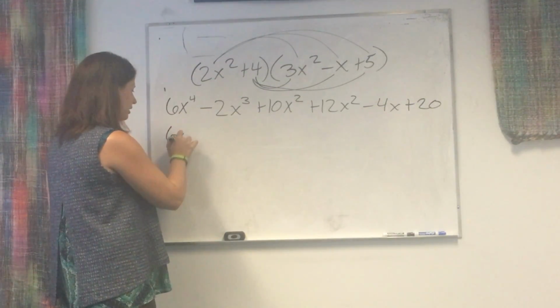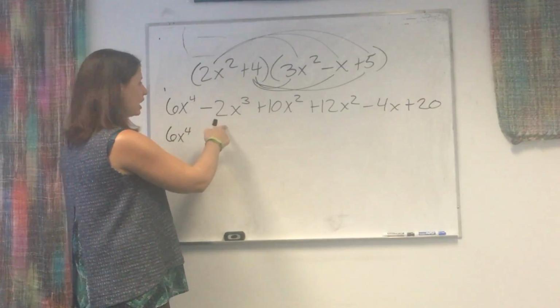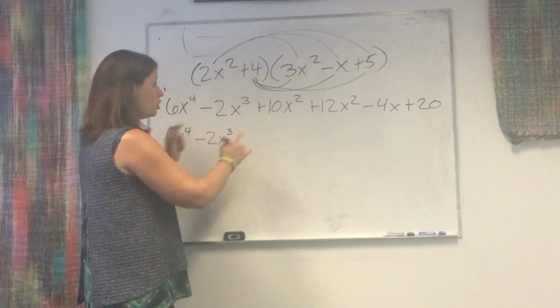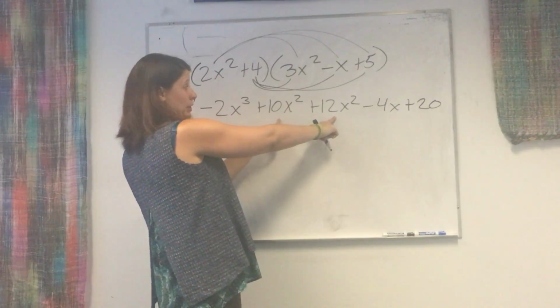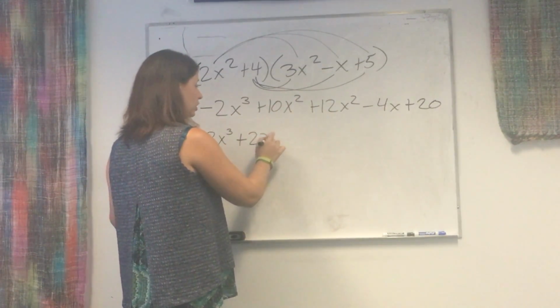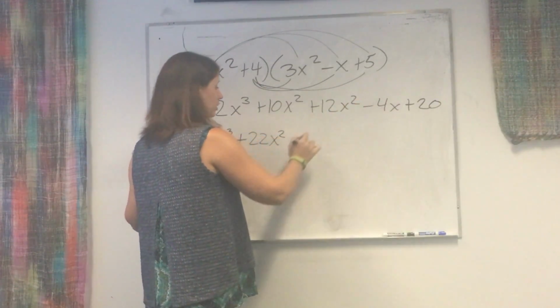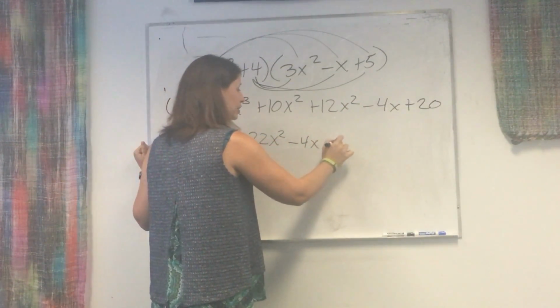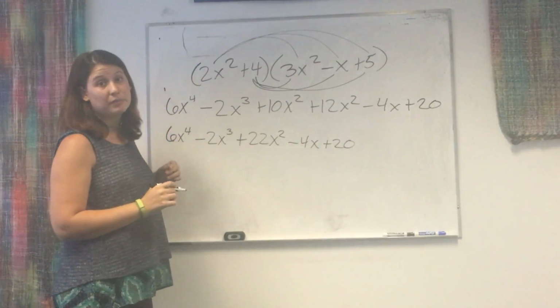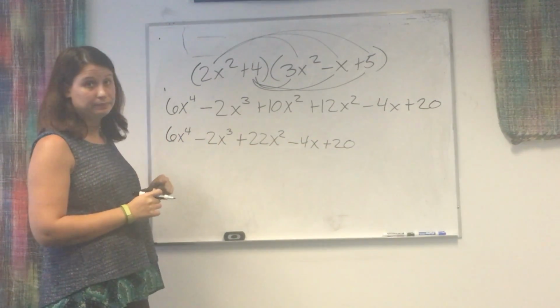So that's just 6x to the 4th. We only have one x cubed term, so that's just minus 2x cubed. We have 2 x squared terms, however. So 10 and 12 make 22x squared, and then just minus 4x and plus 20. Nothing can be combined from this point, and that's our answer.